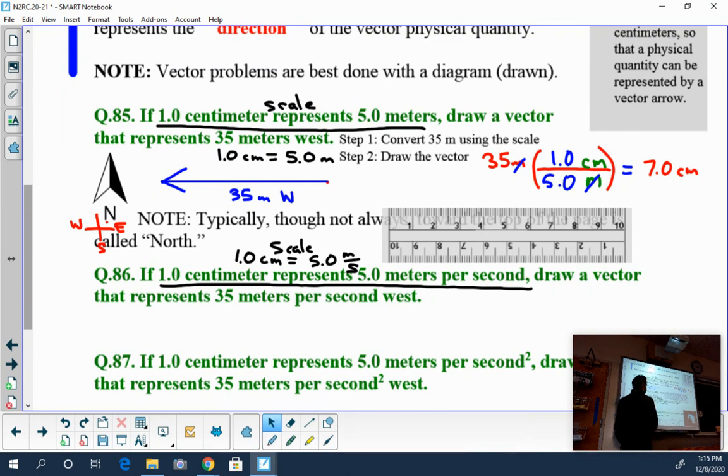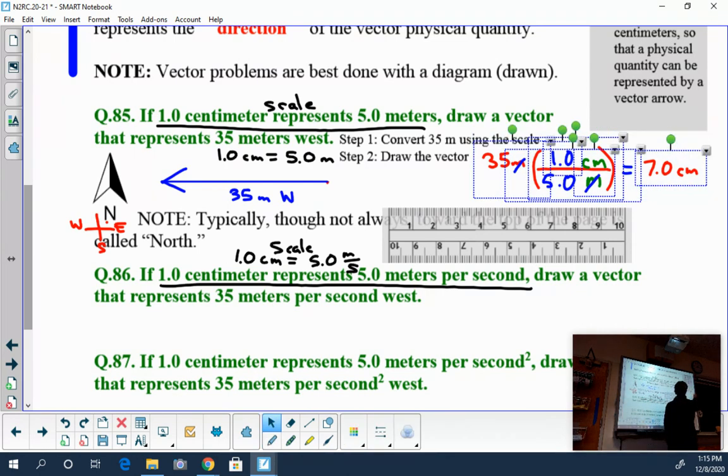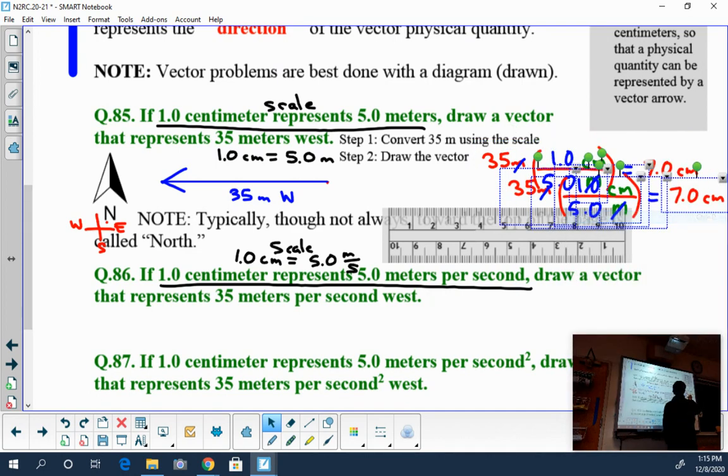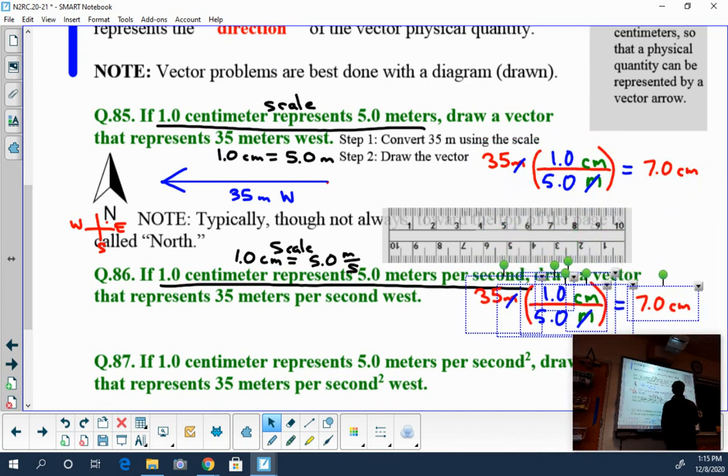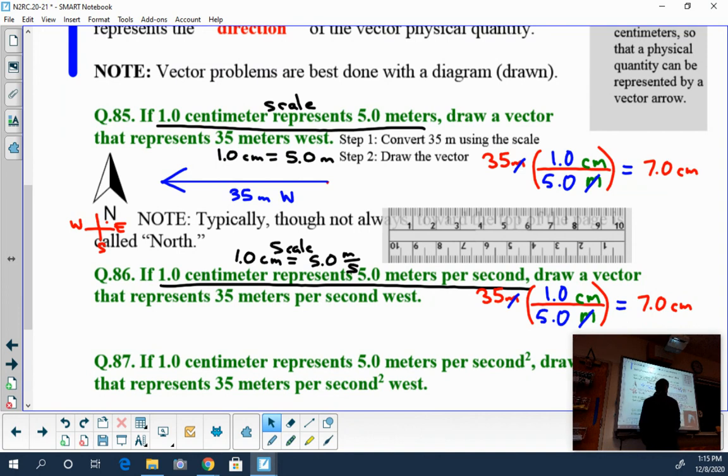So we can do our little conversion over here on the side. In fact, it is almost identical to what we did before, so you don't really need to rewrite it. I could bring it down here. The only difference now is that this is meters per second, and this is meters per second, and those will cancel out. And you're left with a 7 centimeter vector again.